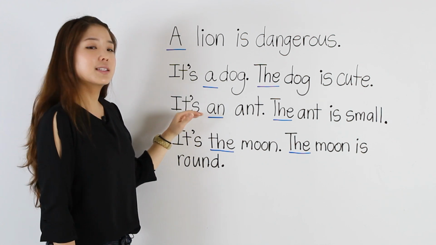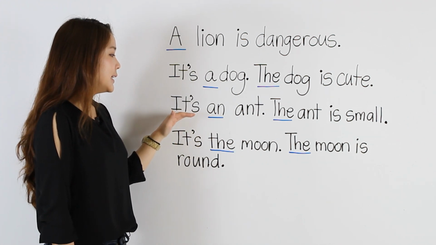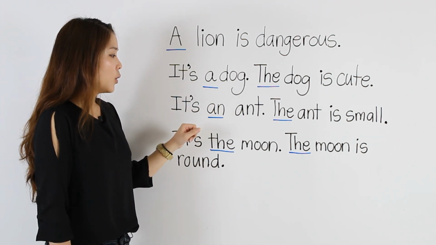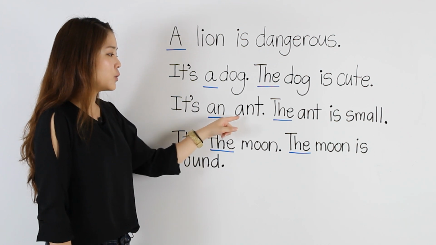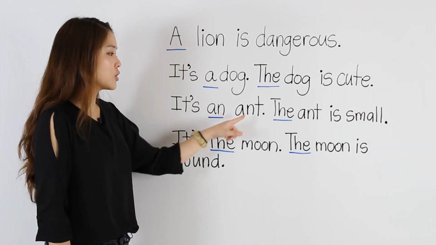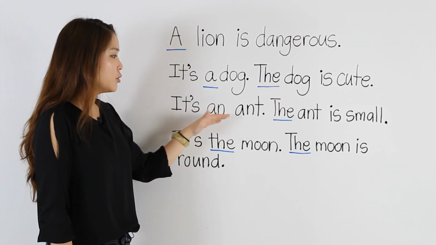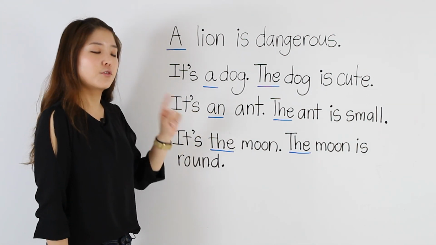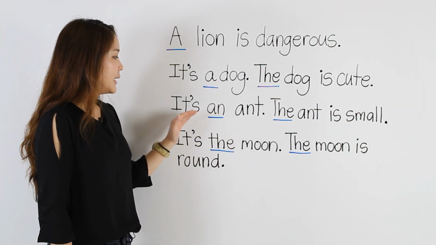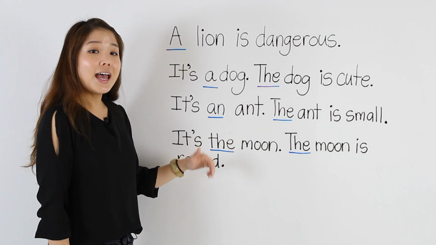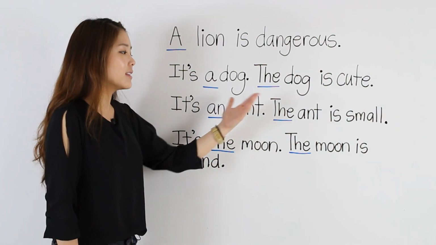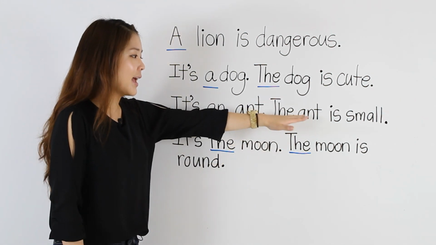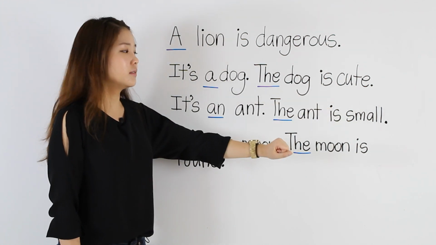Okay, here's a similar example. It's an ant. Well, I used an because we have ant, which starts with a vowel, and I'm talking about this ant for the first time. It's an ant. Now I'm talking about this ant again. The ant is small.